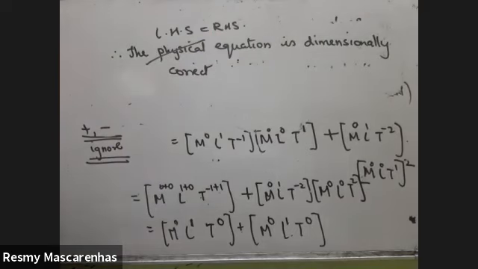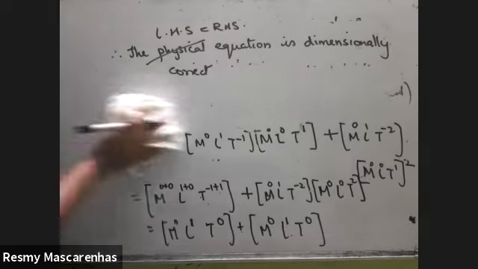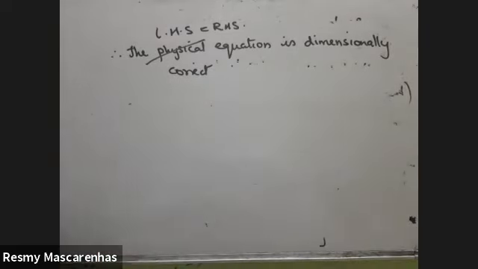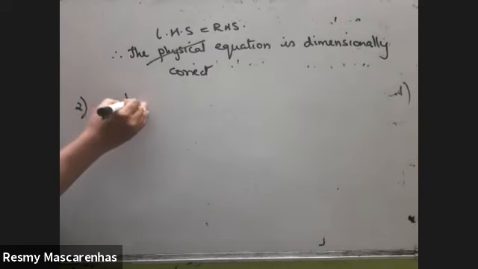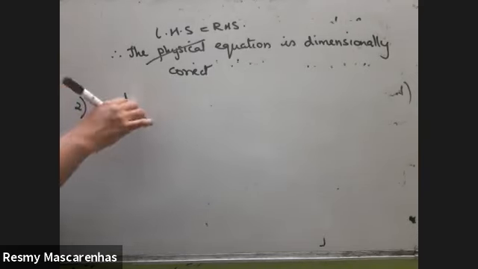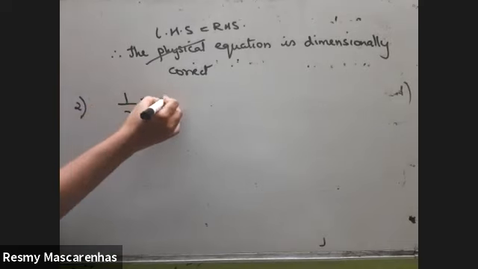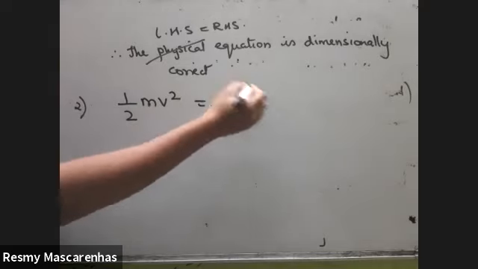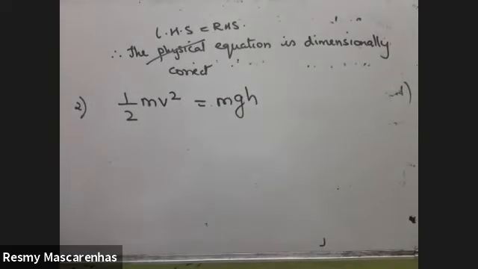Now we'll do one more problem. We'll be solving many problems based on this. If you have any doubts in the second one, you can ask. The formula given to you, the equation given to you is half m v square is equal to m g h.